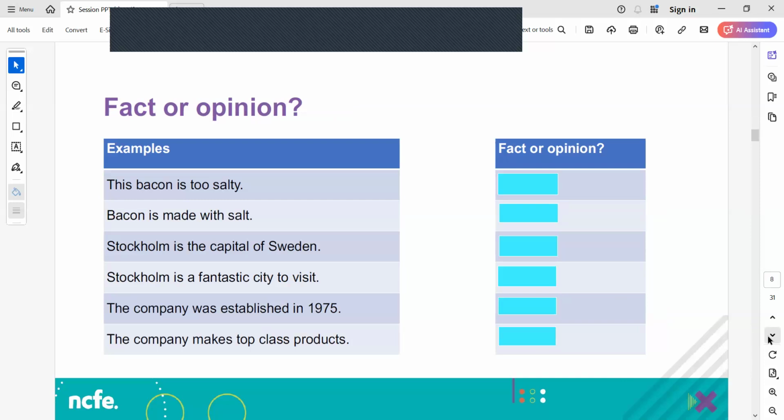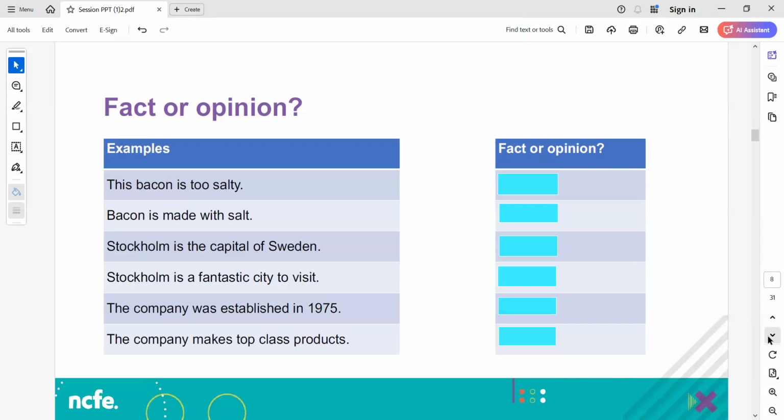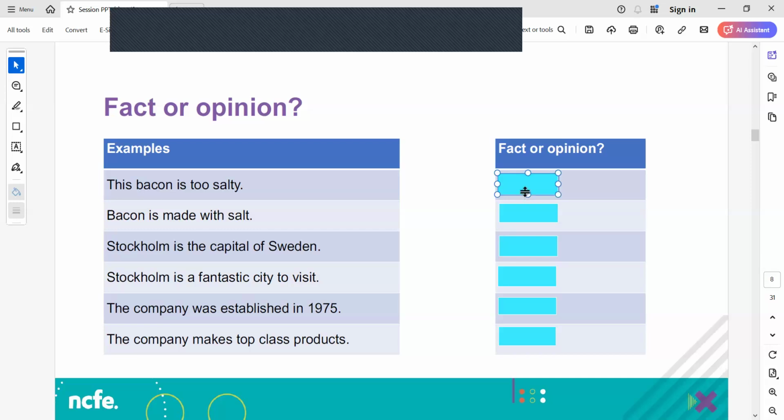So now we've got some examples of sentences or phrases that are either fact or opinion. A fact, we can go away, get facts and figures to prove it, or an opinion, it's what somebody thinks. This bacon is too salty. Opinion. Good.